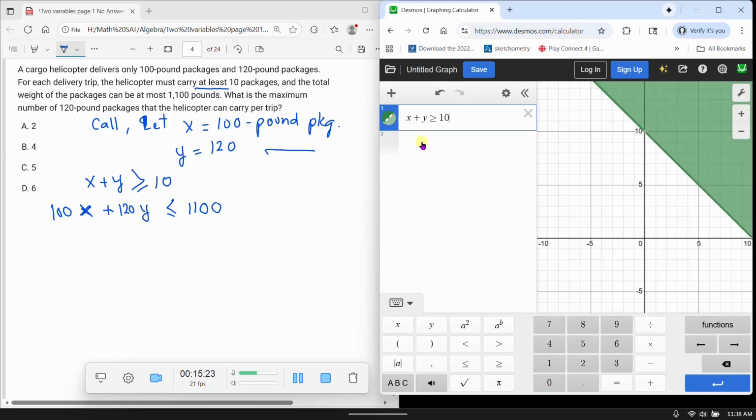The decimal shades for us as well. So the shaded region is what we want. But we have two different equations, so we need to plot using both.